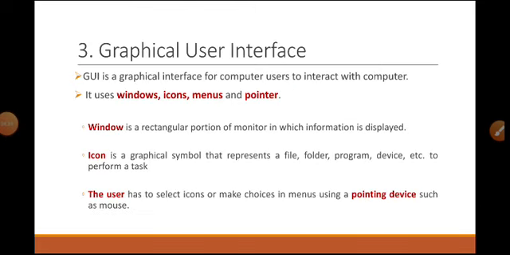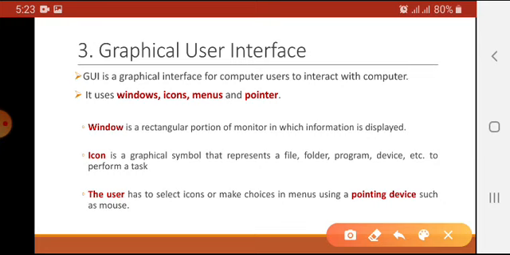Okay students, let's discuss the third type of interface of operating system, that is graphical user interface. We write it as GUI. It is basically a graphical interface which uses windows, icons, menus and pointers to operate the computer system.